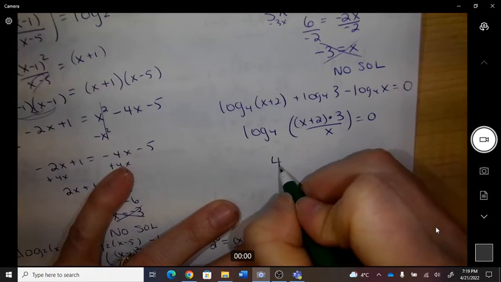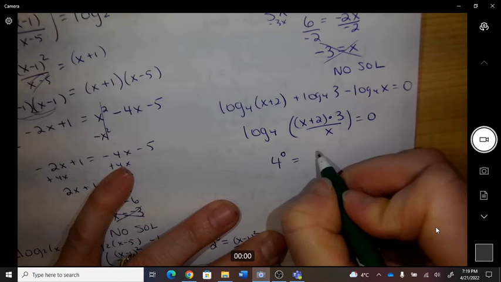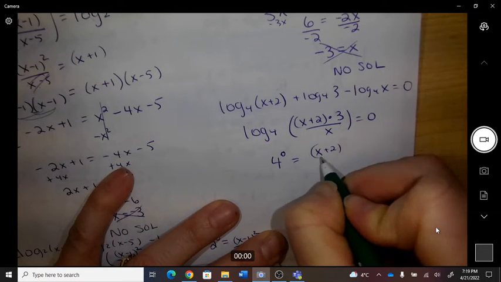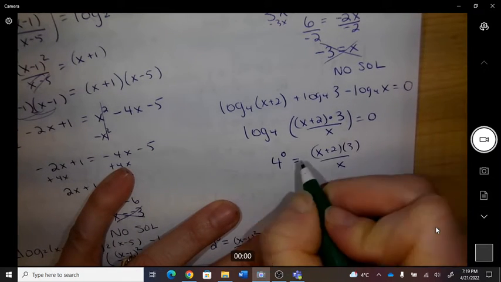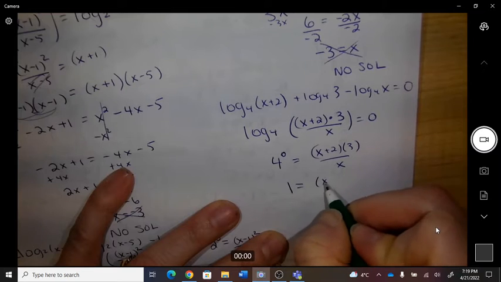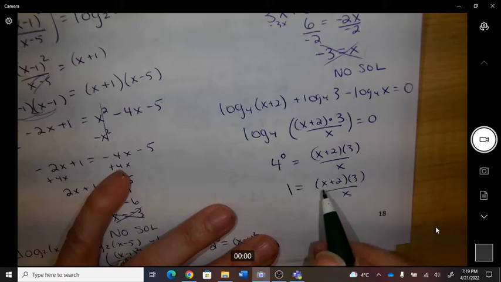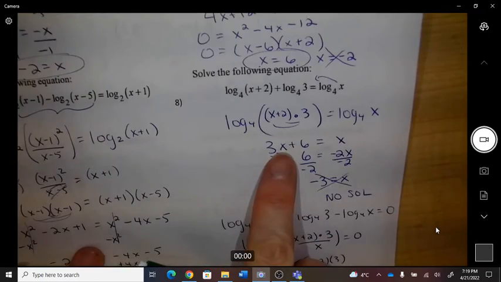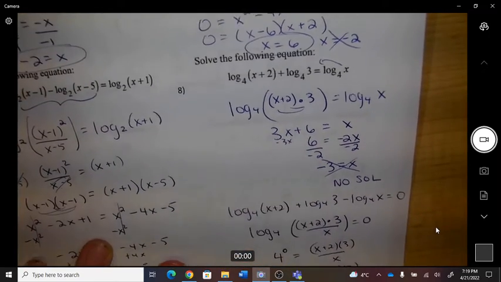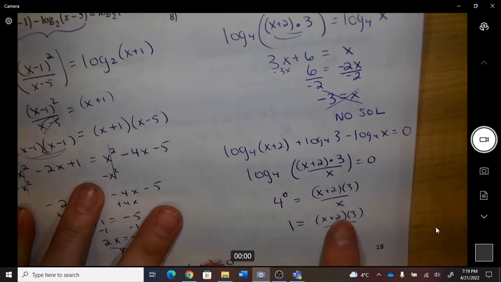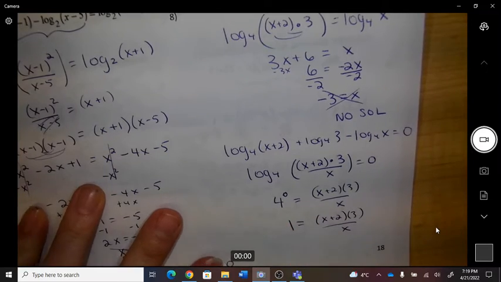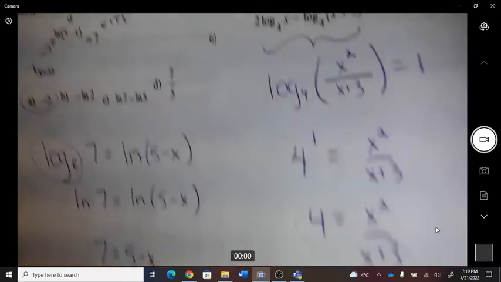And then you can go 4 to the 0 equals this. And then you can make that a 1. And then you're going to find out, you're going to get exactly to that spot. 3x plus 6 equals, timesing that would be 1, or 1x.